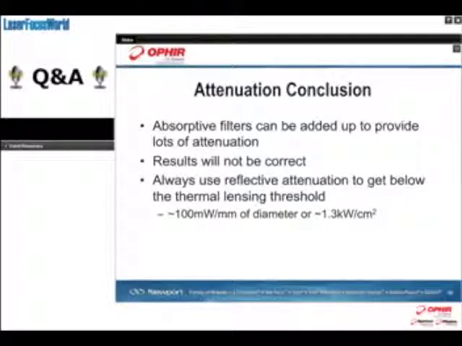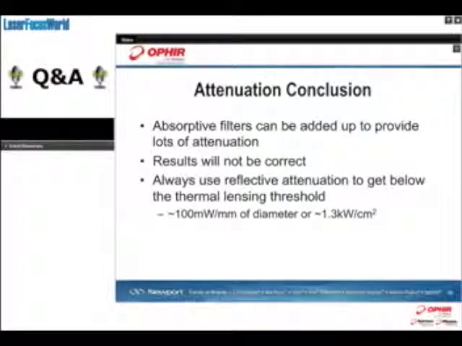To answer your question, putting a mirror in there and directing the beam towards a power measurement device or a beam profiler is certainly an option. But it sounds like whoever asked the question has tried and not had a lot of luck. So it is a tricky one. It's possible, but it is tricky. And I'm sorry I don't have much more of an answer for you than that.